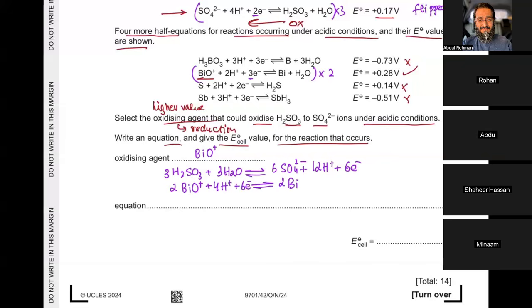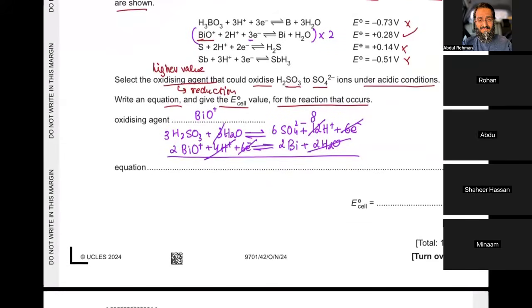Now when I add the two equations, the electrons are going to cancel out. 2 waters, 1 water is left over here, all 4 hydrogens, and over here we are left with 8 hydrogens.